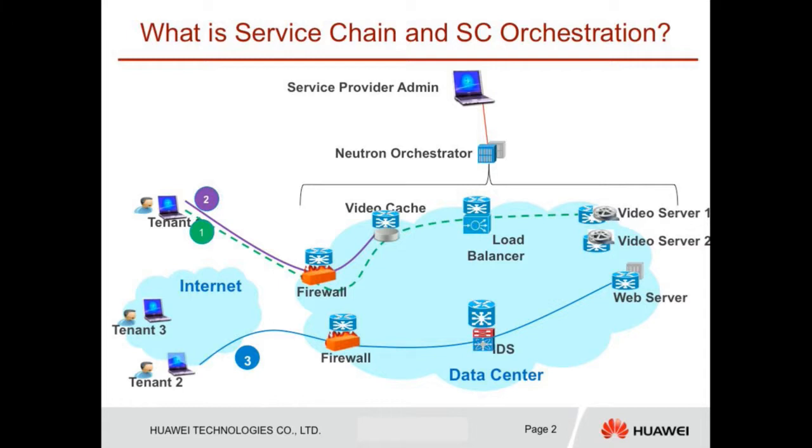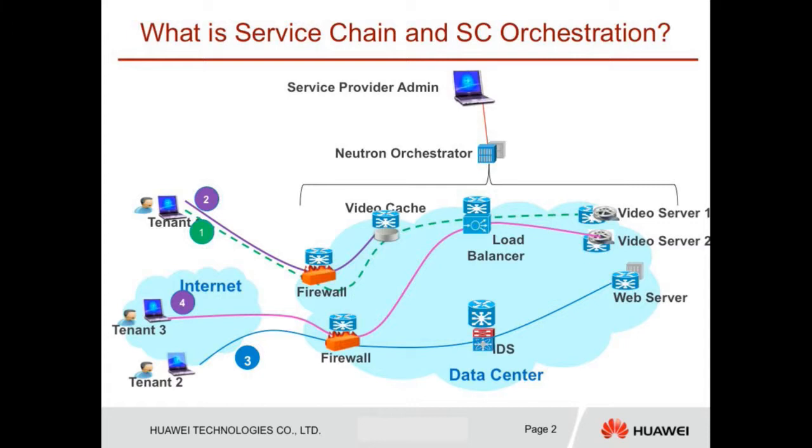So what is service chain orchestration? Service chain orchestration refers to coordinating the operations of switches, routers, and the service VMs like the firewall VM or load balancer VM, to enable steering tenants' flow through these service function instances.